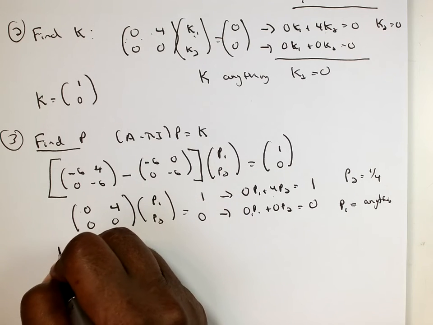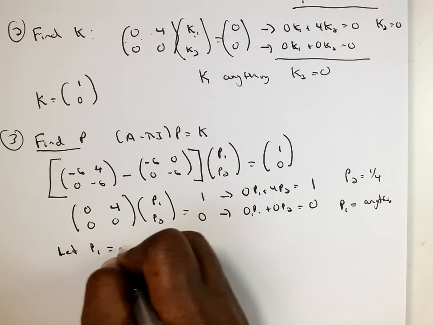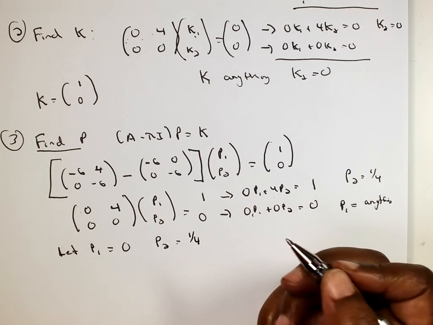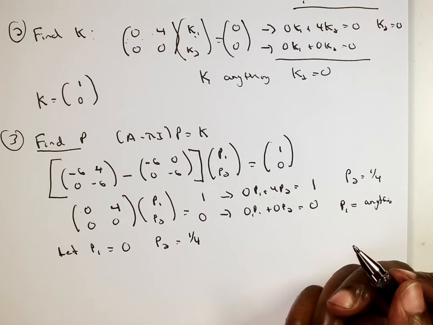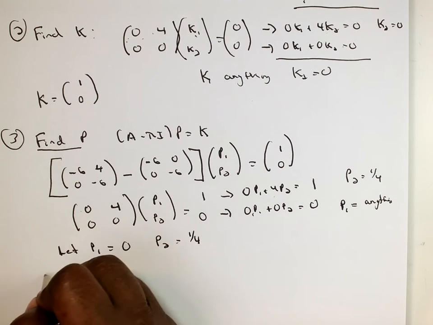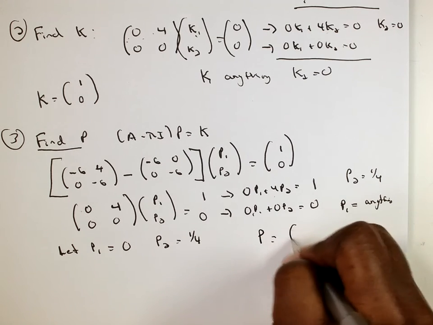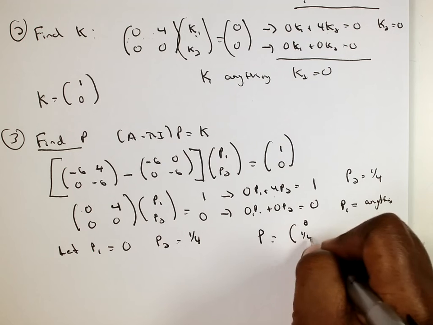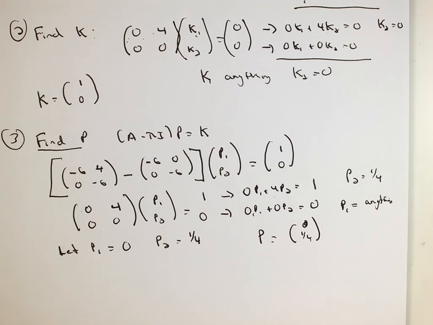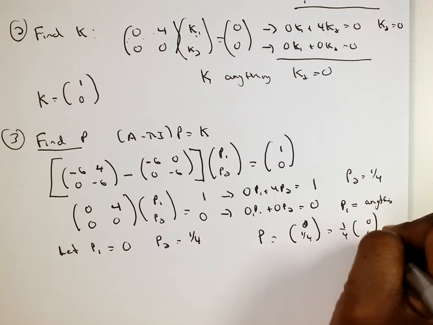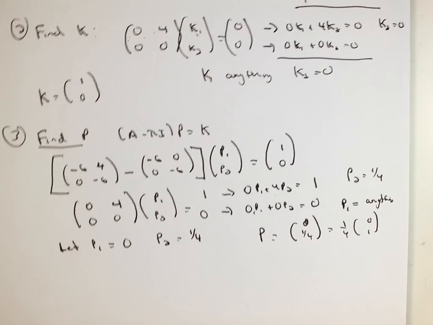So I'm going to let p1 equal 0 and p2 equal to 1/4. Just to make it simple, you don't have to pick 0, but it makes it simple. So p is equal to (0, 1/4). Or you can pull out the 1/4, which happens a lot, just because they like these vectors to be nice, simple whole numbers.